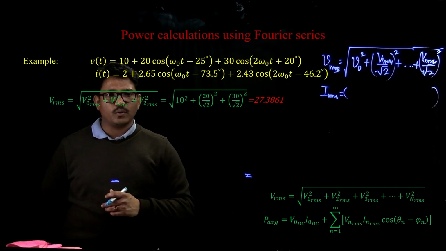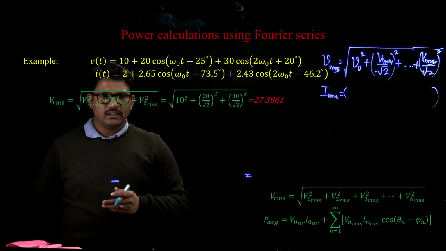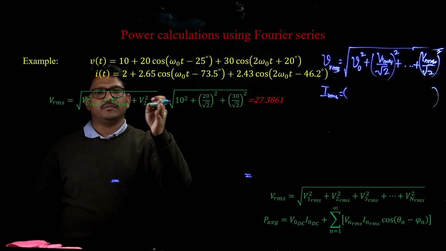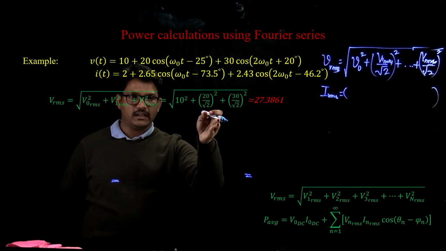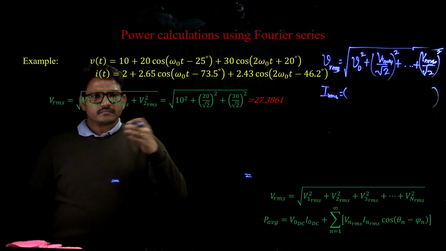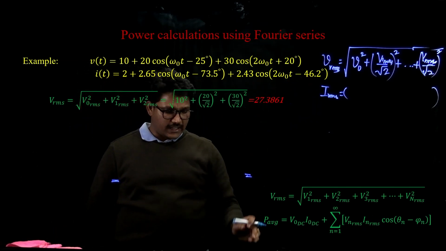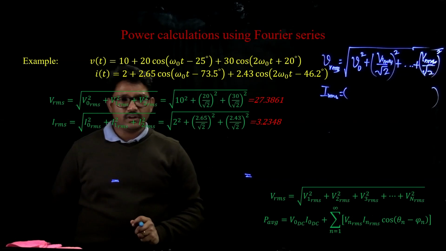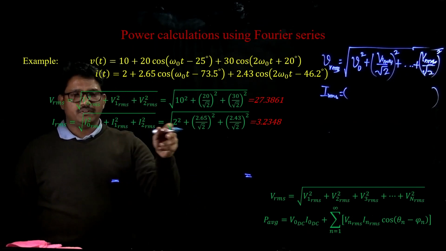Similarly, for the RMS value of the current, get the RMS of 2.65 cos omega naught t and 2.43 cos 2 omega naught t, then substitute in the similar expression as for the voltage, and we get the current RMS value.